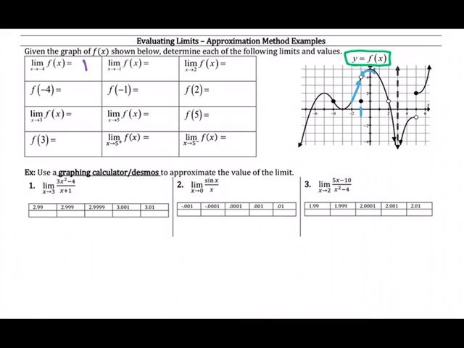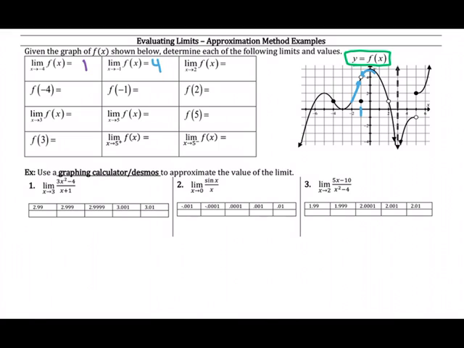But the limit's not asking you about what's happening exactly at -1. It's asking you about what's happening right before and right after. And right before and right after, we have what I would call an agreement on the left and the right. They are both getting really, really close to the y value of 4. So we would say that the limit as x approaches -1 of f of x is 4, because both from the left and from the right, we're getting really close to the y value of 4.